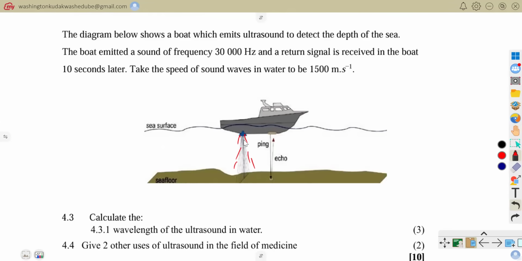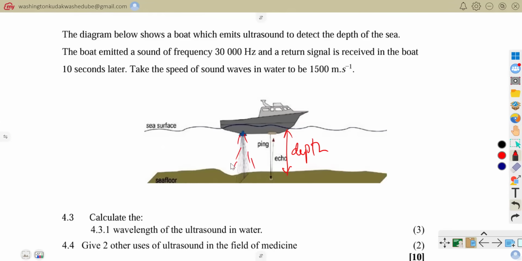Those are the ultrasounds being emitted from this boat so as to detect the depth, which is the height of the sea. So we use ultrasound to determine that depth.